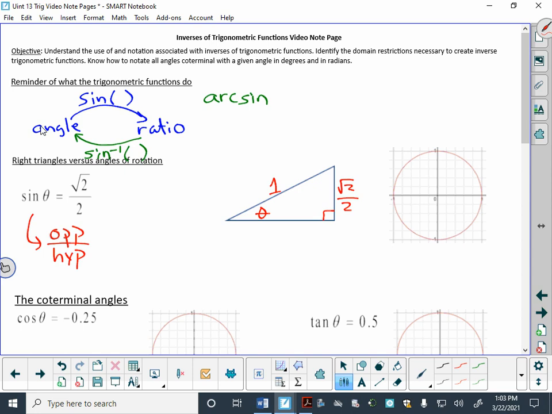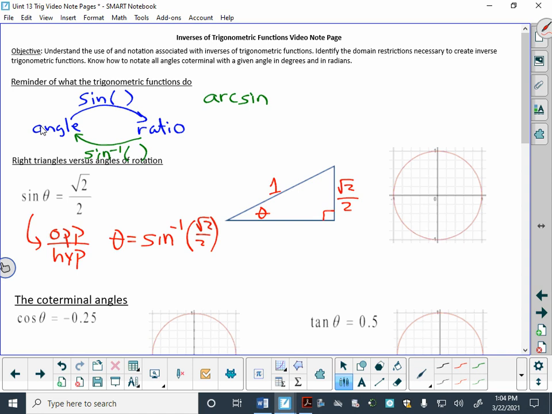And then I maybe recognize that if I want to know what this angle is, what I would type in my calculator, if I was using a calculator to do this, is sine inverse, which is an inverse or a second button on your calculator, of the square root of 2 over 2. And I would get a decimal number either way. I'd get a really tiny decimal number if I was in radians.